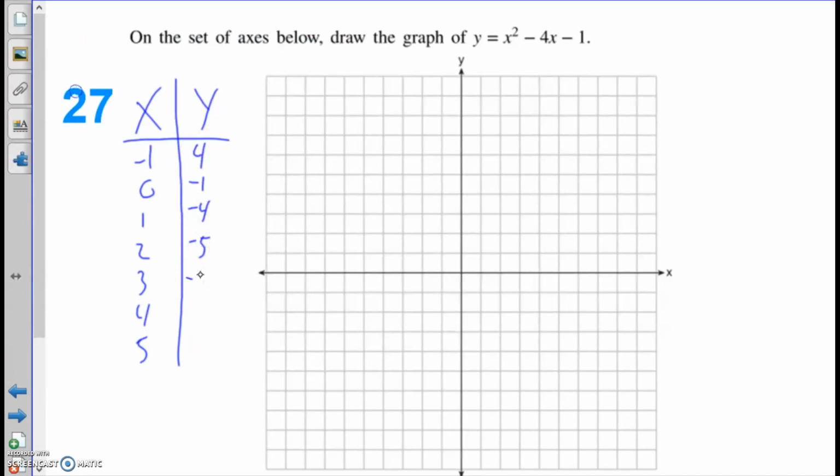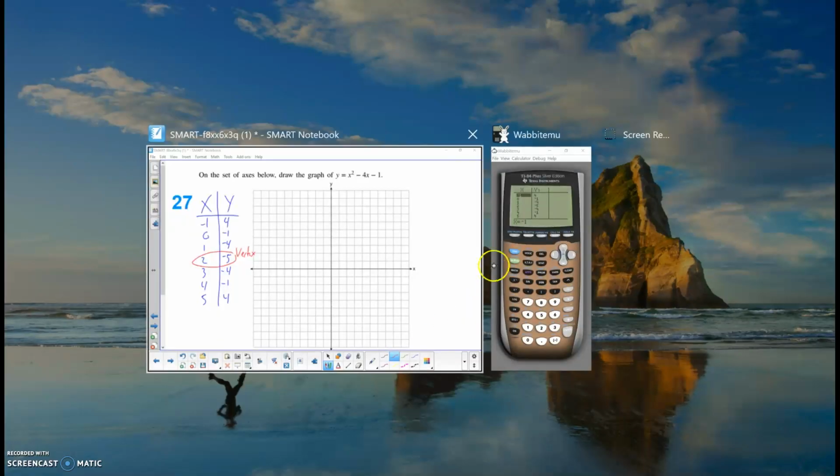And we see that symmetry there. And right here, the point that does not repeat, that's your vertex. Let me just double check that list again. 2, -5, that was the vertex.